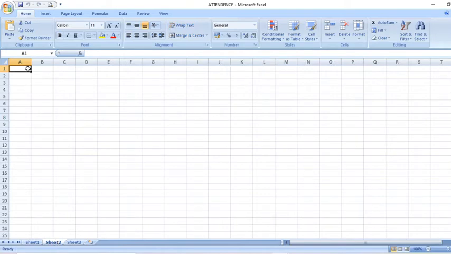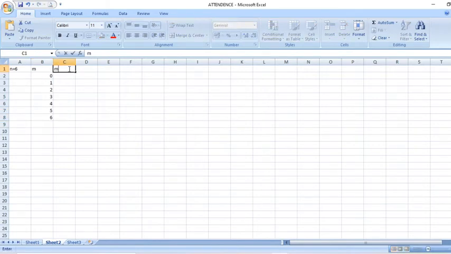Suppose n equals 6, then m can be 0, 1, 2, 3, 4, 5, 6.